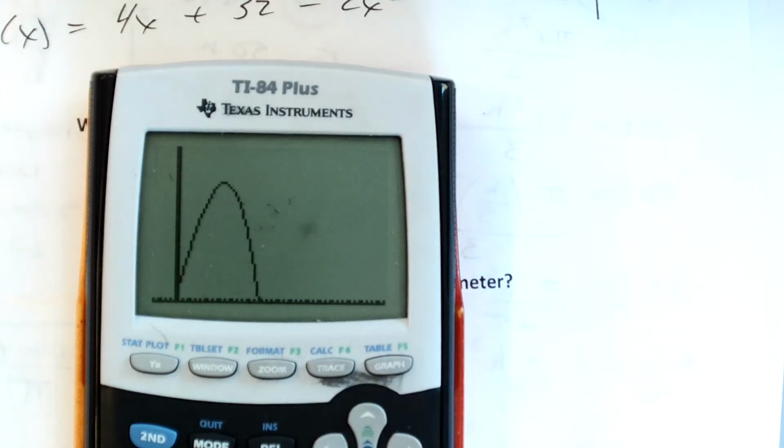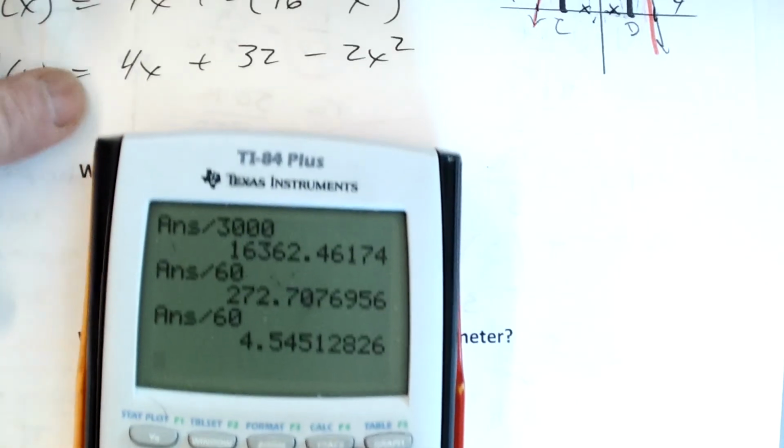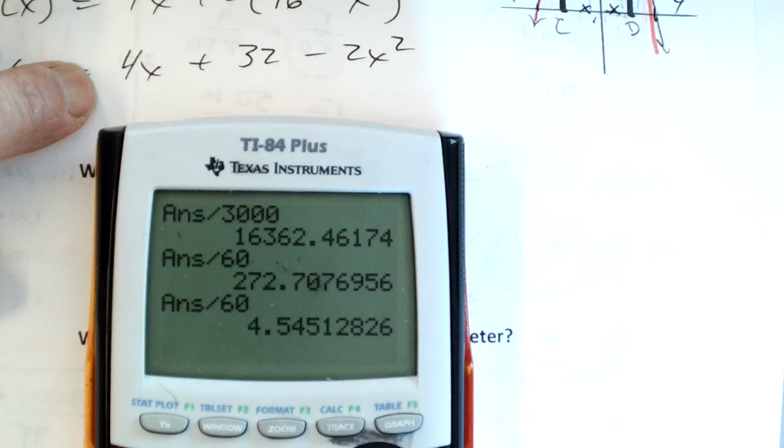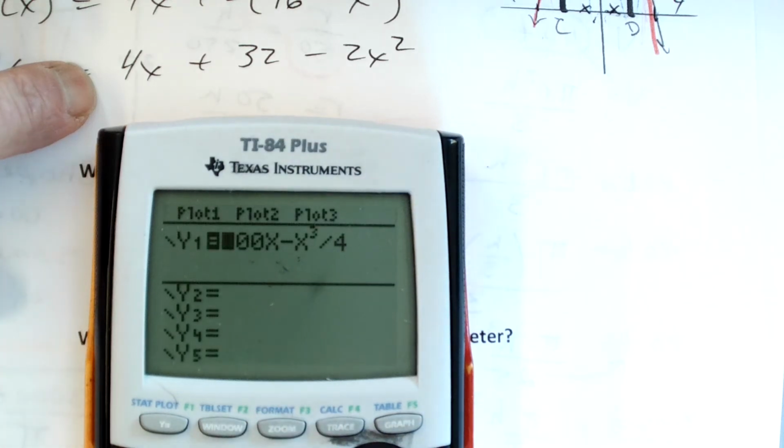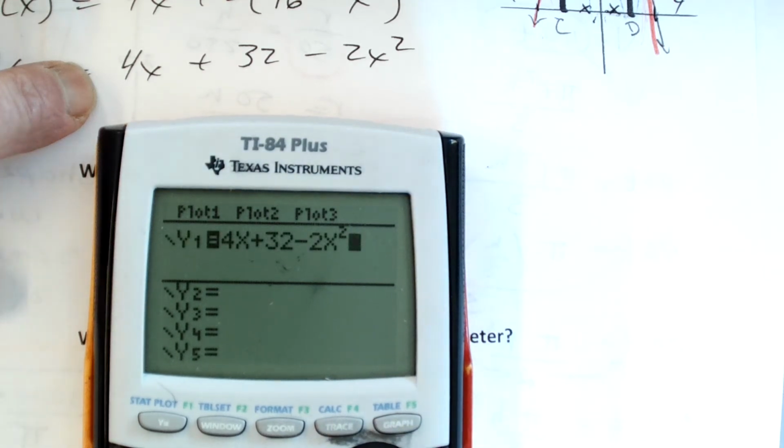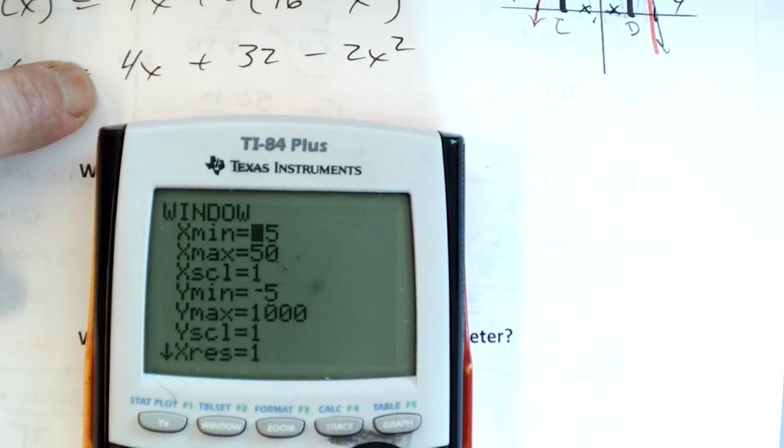I'm going to clear that, and I'm going to put in my y equals 4x plus 32 subtract 2x squared. And let's maximize. Well, I might have changed my window. I'm sure I will. I don't need 50 on that. Probably, well, I know I can go 4 because I know my domain. I'm going to go maybe 25 and see what happens, okay?